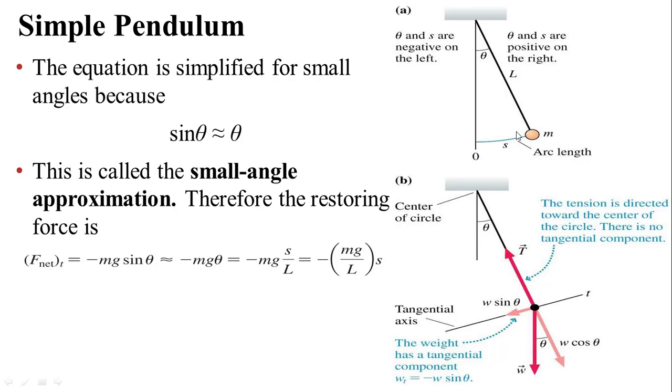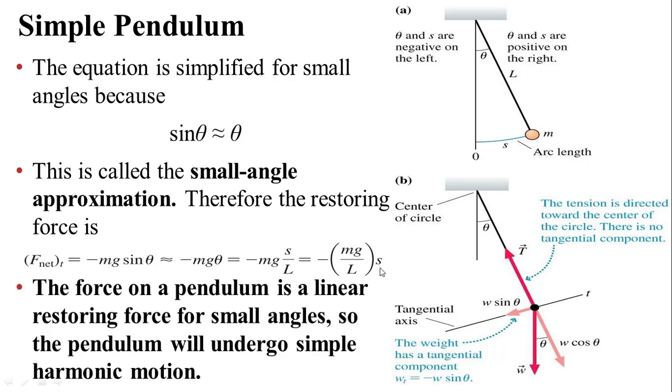So sin theta is equal to perpendicular over hypotenuse, so theta is equal to S upon L. So we write minus mg over L into S. Now this is the net force. The force on a pendulum is a linear restoring force for a small angle. Then the pendulum is moving in simple harmonic motion.